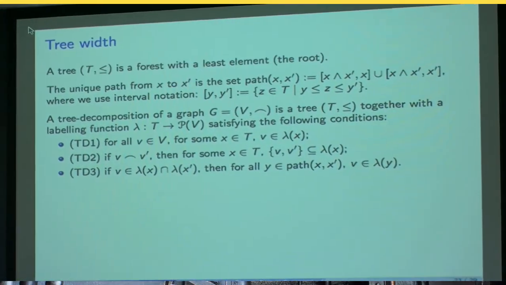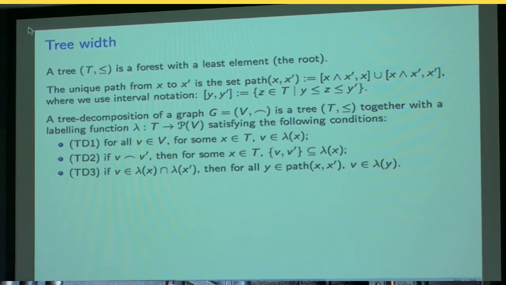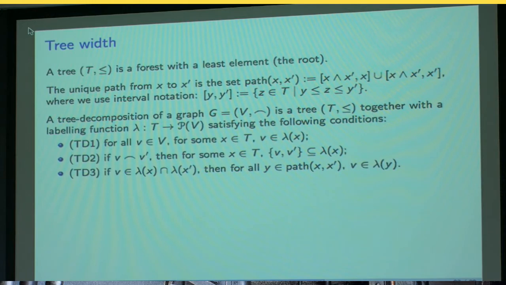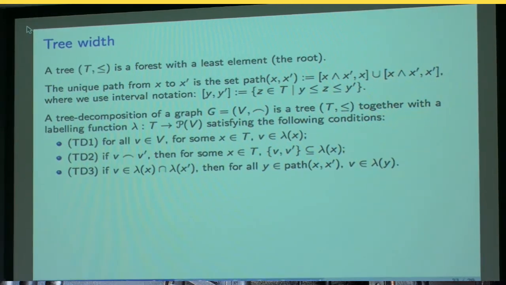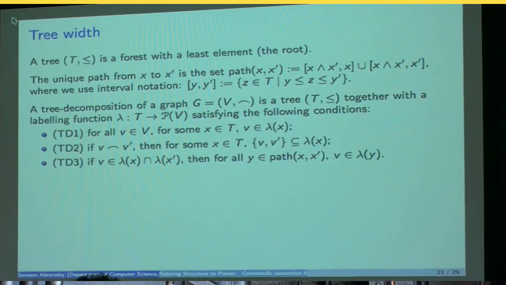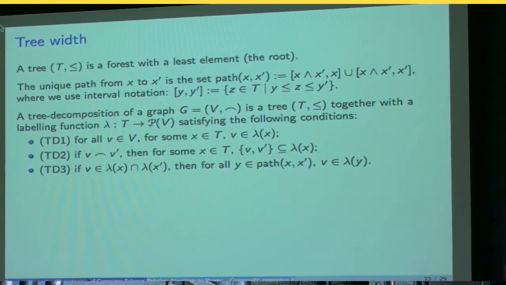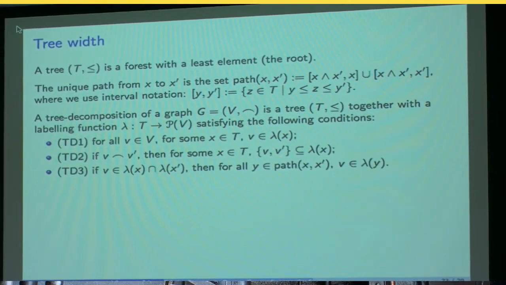And then a tree decomposition, this is the classic definition a la Robertson-Seymour, is a tree together with a labeling function which labels each node of the tree with a set of vertices of the graph such that every vertex has to show up in some label set. If two vertices are adjacent, they have to occur in the same label set somewhere.